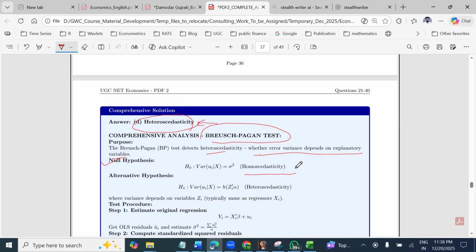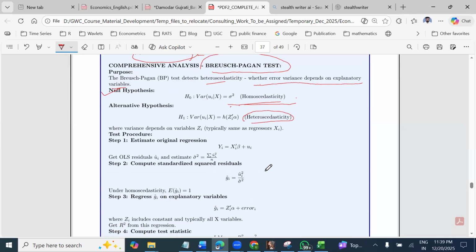If we reject the null hypothesis, the alternate hypothesis is true, then there is a problem of heteroscedasticity in the data. But if we fail to reject the null hypothesis, then there is homoscedasticity in the data.